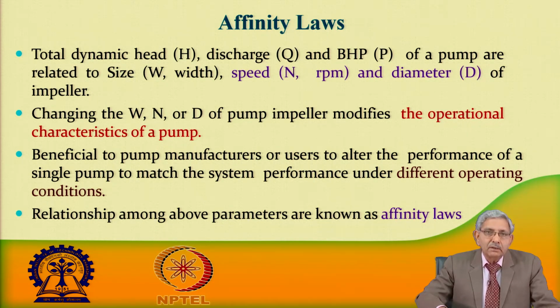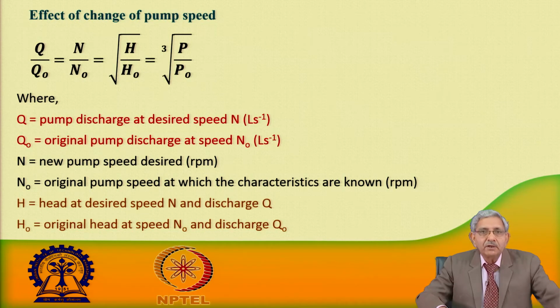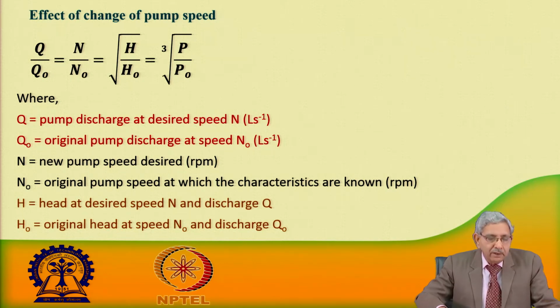So, there exists a definite relationship, and it can be given when we consider the change in speed of the pump. They can be related as Q by Q naught equal to N by N naught, equal to the square root of the ratio H by H naught, and the cubic root of P by P naught.